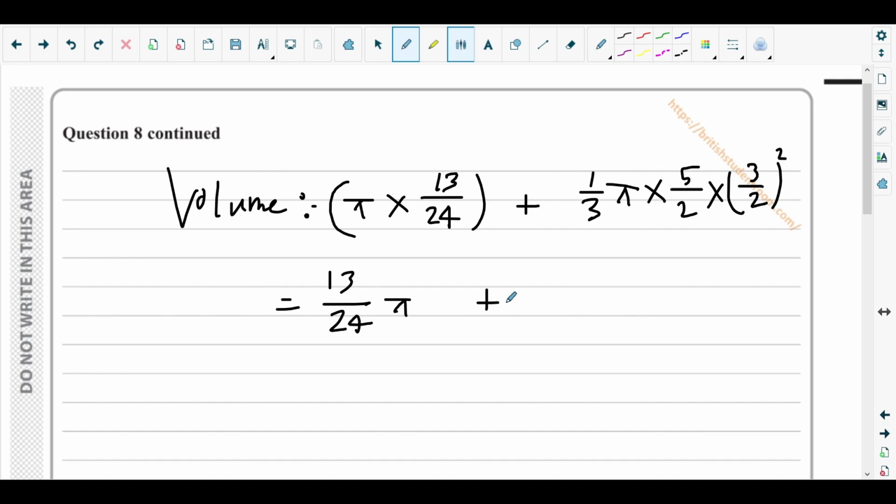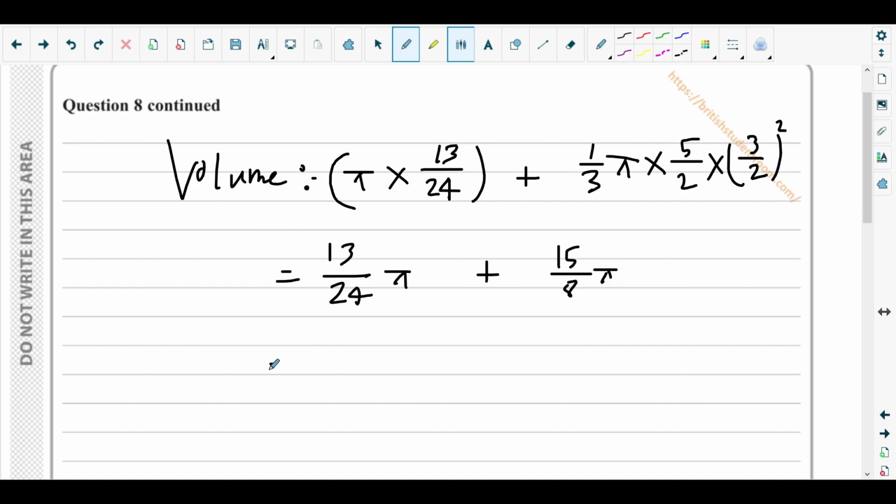We'll get 15/8. That is 15/8 pi unit cube. So now add them up. 15/8 plus 13/24 is 29/12. So 29/12 pi unit cube, since it is volume, and that's the answer.